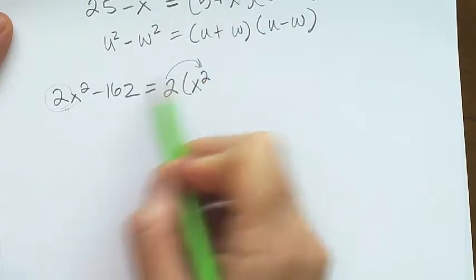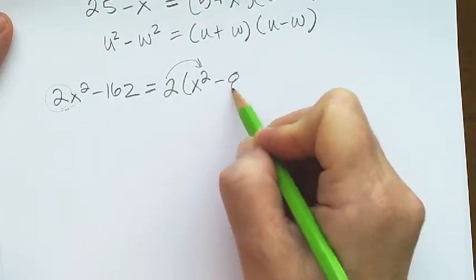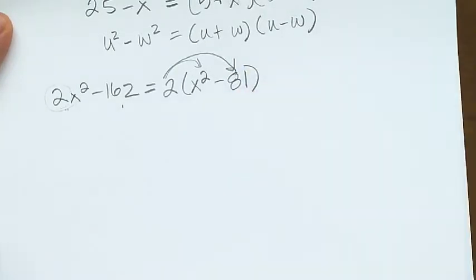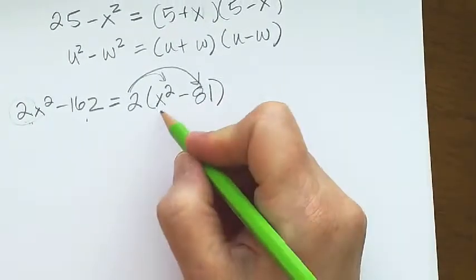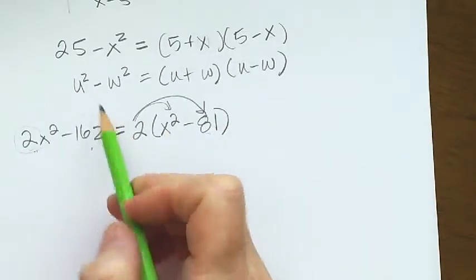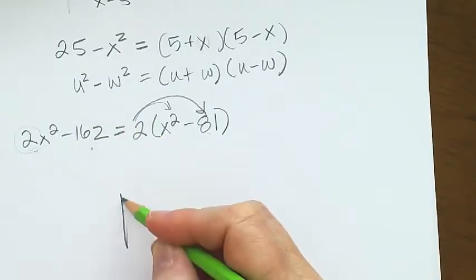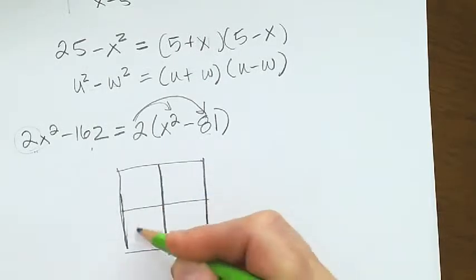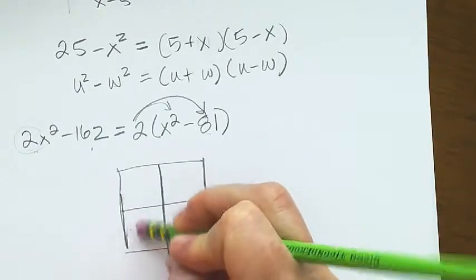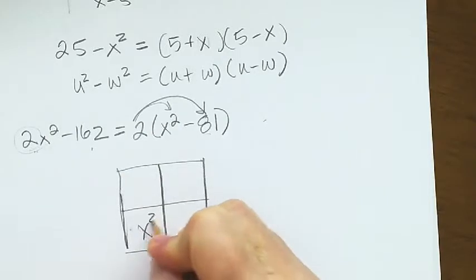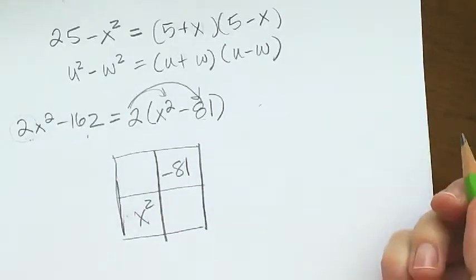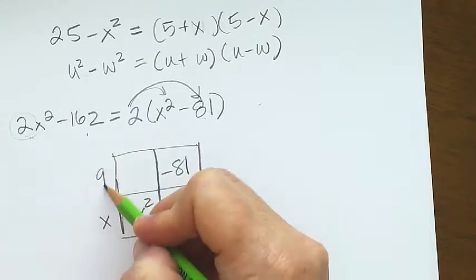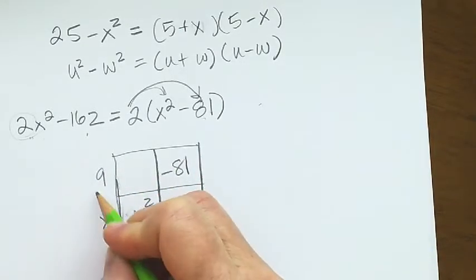So 2 times x squared is 2x squared. 2 times 81 is 162. So I factored out the common factor of 2, and then this is in the form u squared minus w squared. If I built, or even if you just do a model with x squared and 81, you'll be able to see, oh, that's got to be x plus 9 and x minus 9, right?